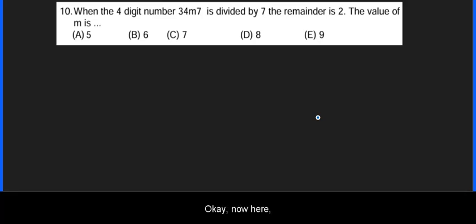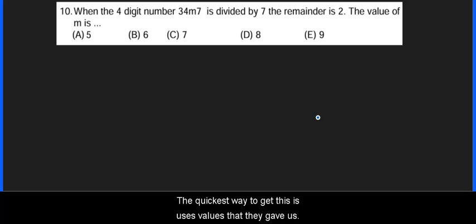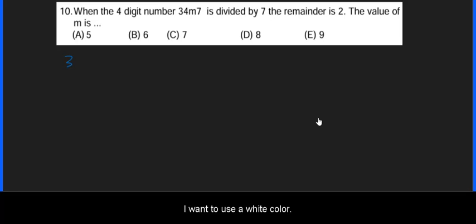Okay, now here, let's quickly do a trial and error. The quickest way to get this is to use the values that they gave us. Let's start with 5 because it's the first one. We need to substitute M by 5.